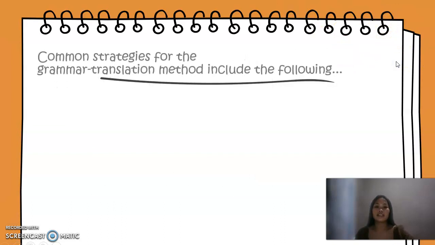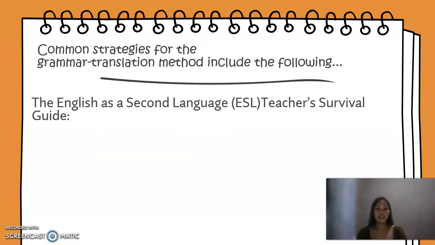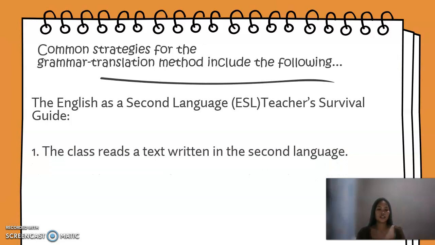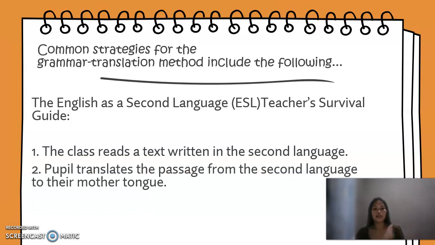The next one is the common strategies for the grammar translation method, from the English as a Second Language teacher survival guide. The class reads a text written in the second language. Pupils translate the passage from the second language to their mother tongue.